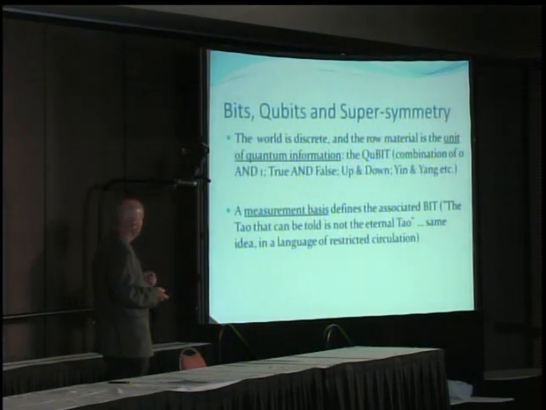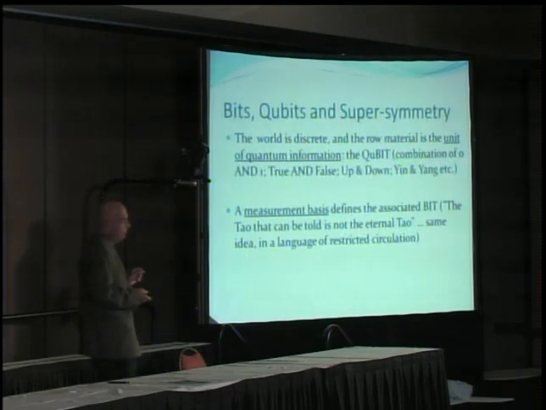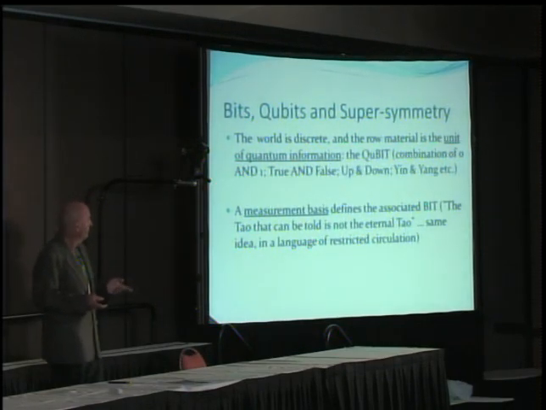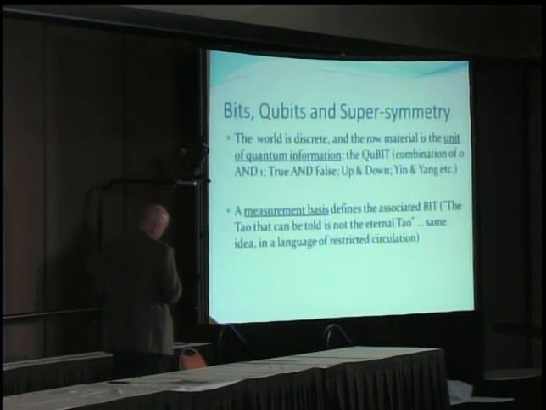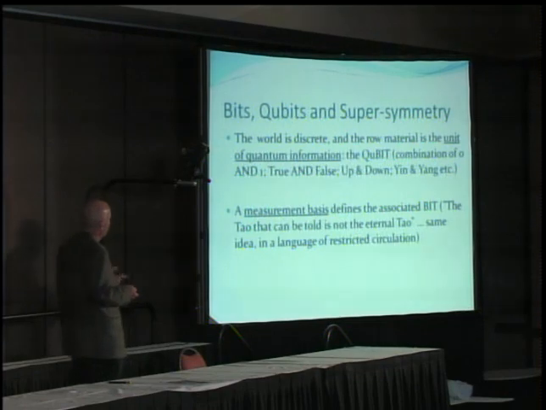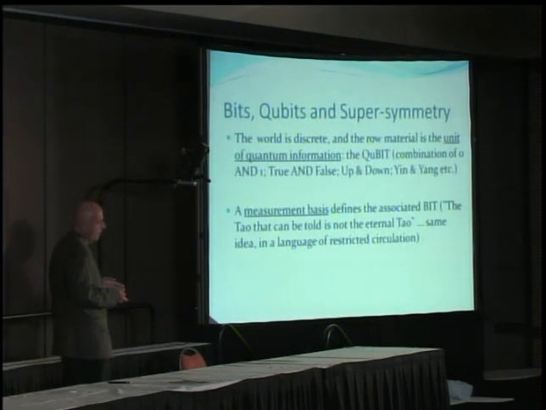Now, mathematically, the coefficients are complex, so I don't want to go into the math regarding quantum information, but just to point out that qubits are very natural. There is nothing black or white. Only when you introduce a measurement basis, like a comparison, do you split this qubit into the two alternatives.